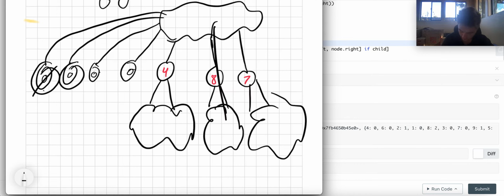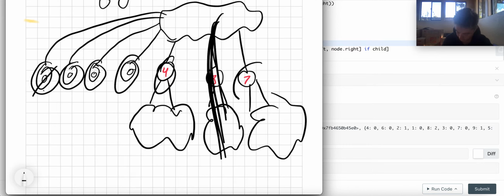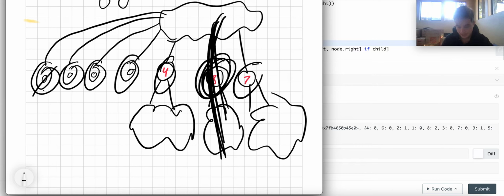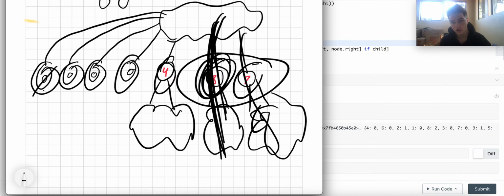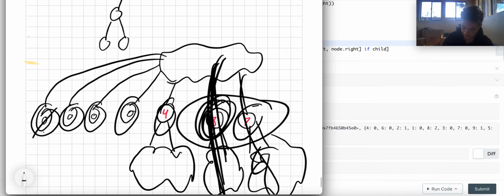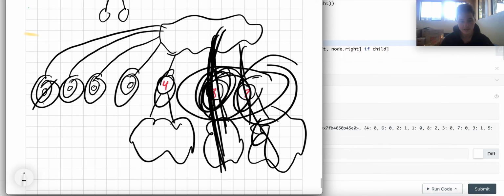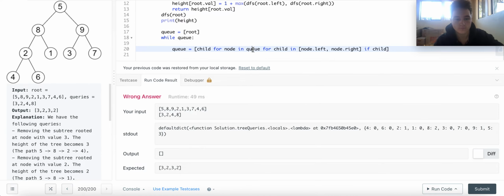For this one, 8. For this one, 8. For this one, 8. For this one, 8. For this one, 8. The only time you choose something different is when you erase 8. So when I erase 8, I choose the 7 path. So I only need to keep information about the two largest such height trees, right? Where 4 is the height of this tree, and 8 is the height of this tree, and 7 is the height of this tree. Okay.